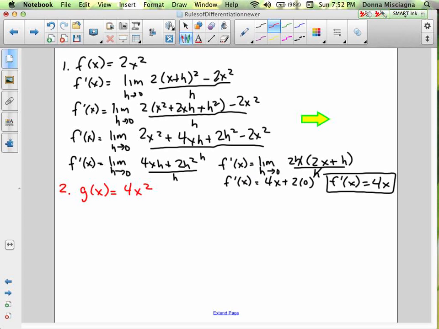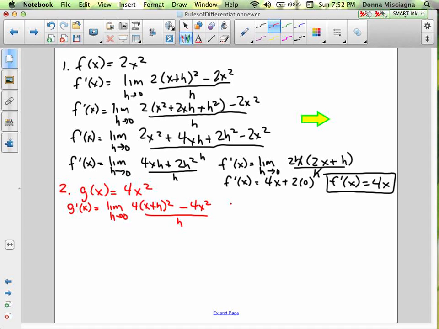Now it's pretty similar. All right, so we have g prime of x equals the limit as h approaches 0 of 4 times x plus h squared minus 4x squared, all divided by h. I think I can get one more line in so I don't run out of space.